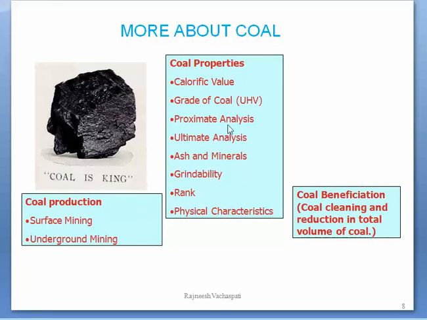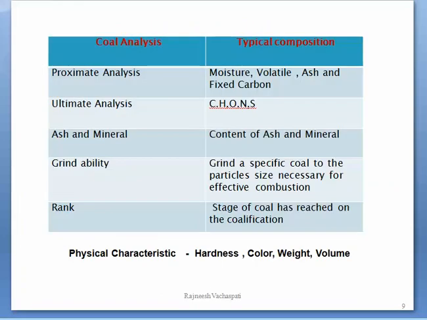Proximate analysis gives coal composition in the form of moisture, volatile material, ash and fixed carbon. The ultimate analysis gives chemical composition in the form of carbon, hydrogen, oxygen, nitrogen and sulfur content in the coal.